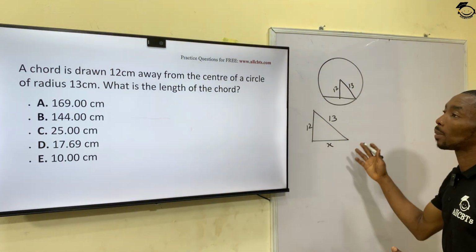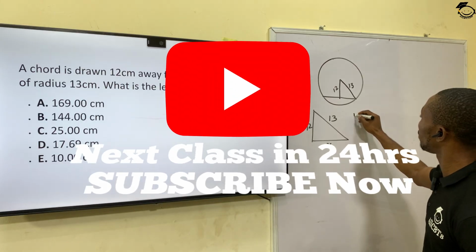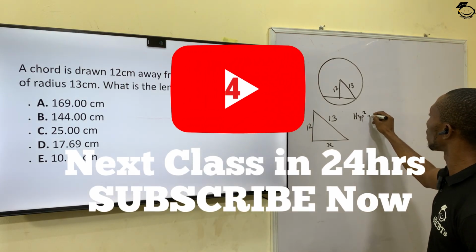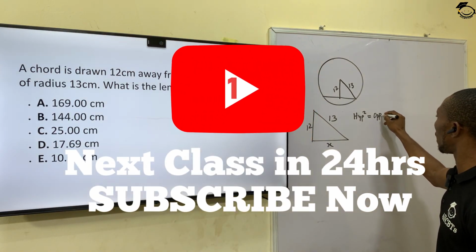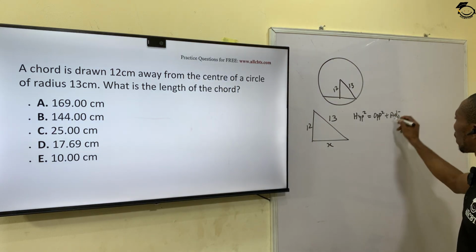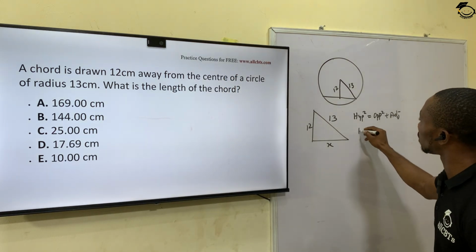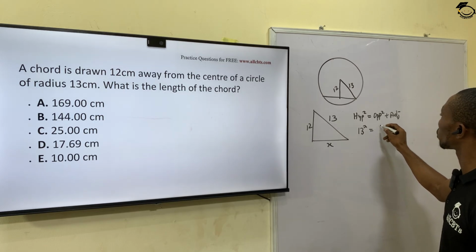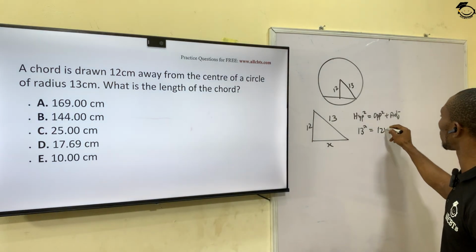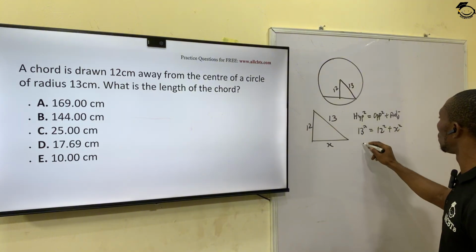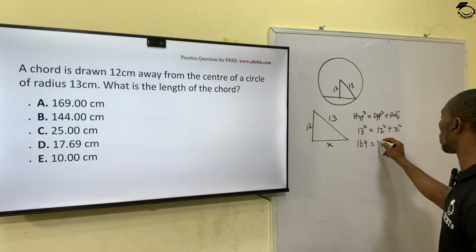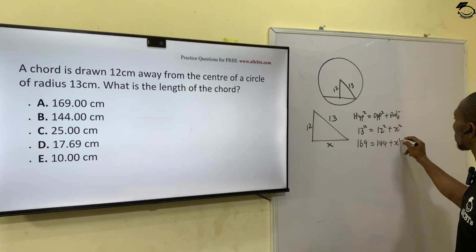Now, applying our Pythagoras theorem here, where hypotenuse squared equals opposite squared plus adjacent squared. We have our hypotenuse as 13 squared equals 12 squared plus x squared. So this will be 169 equals 144 plus x squared.